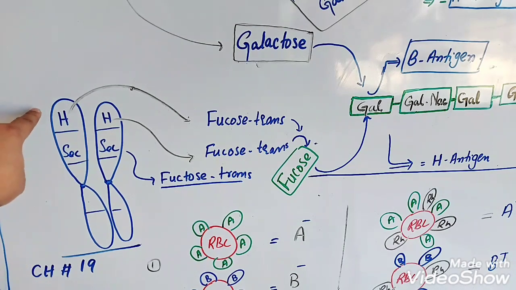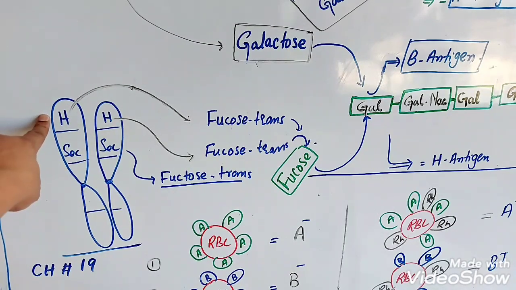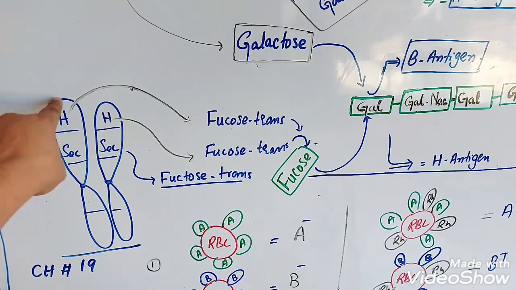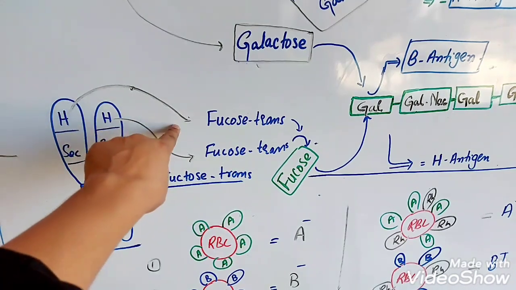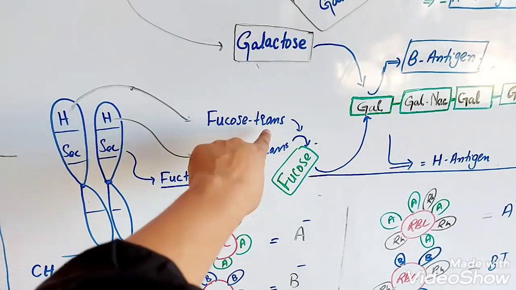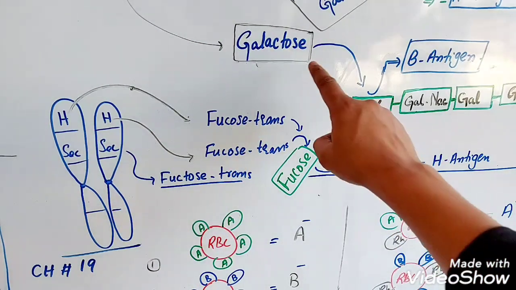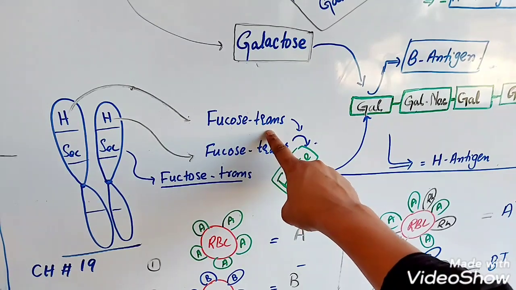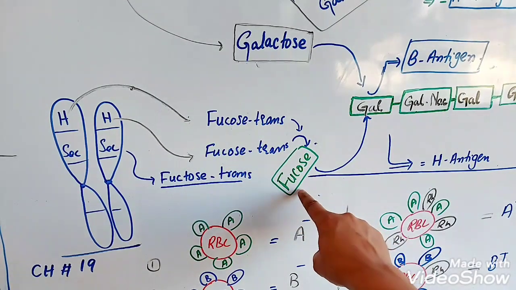When this H gene transcribes, it will produce an enzyme. Which enzyme? Fucose transferase. As the name indicates, the transferase enzyme will transfer fucose.